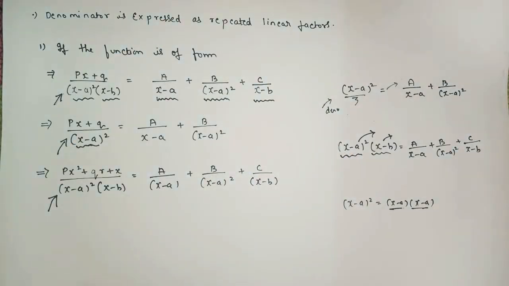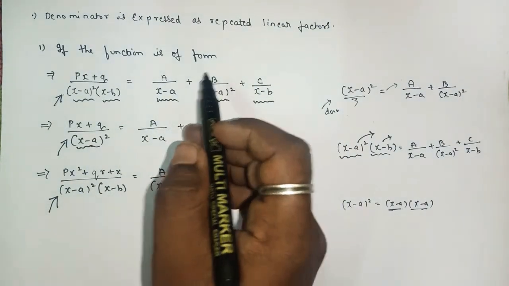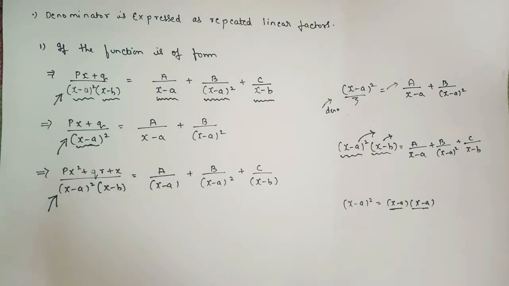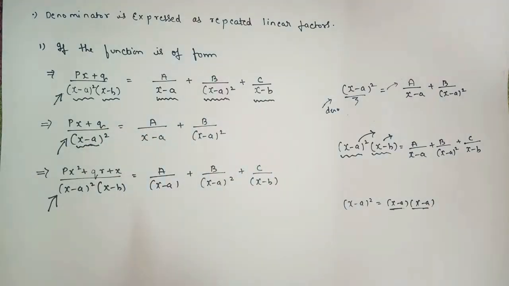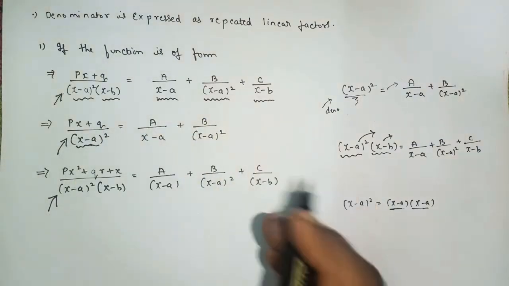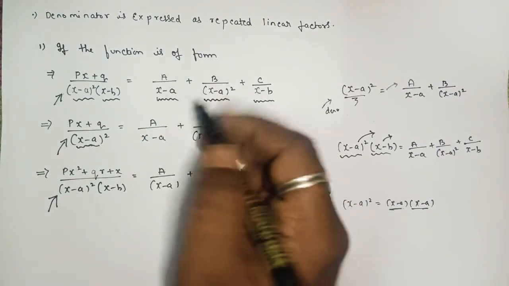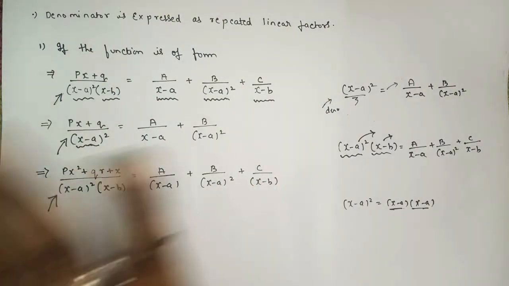Here also we have to find the values of A, B and C. Again there are 3-4 different methods in which we can find our answer. So here we can find two values easily.